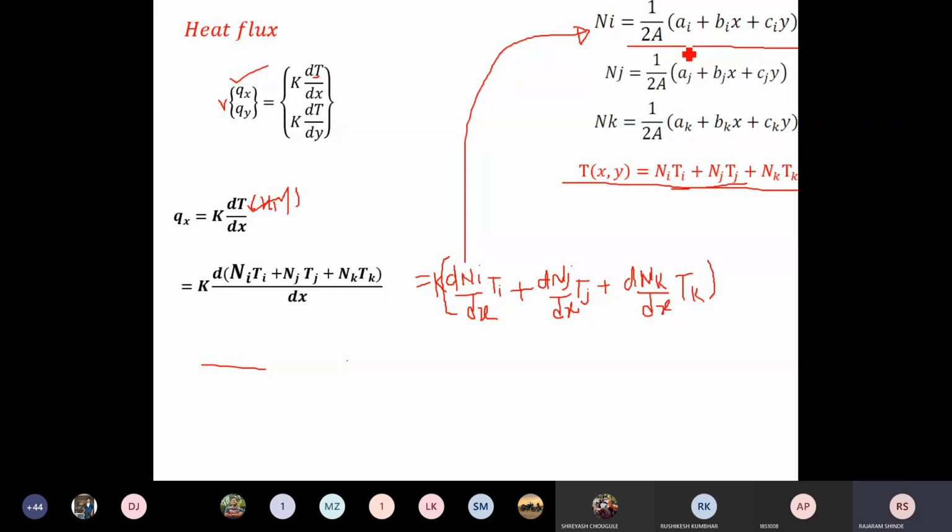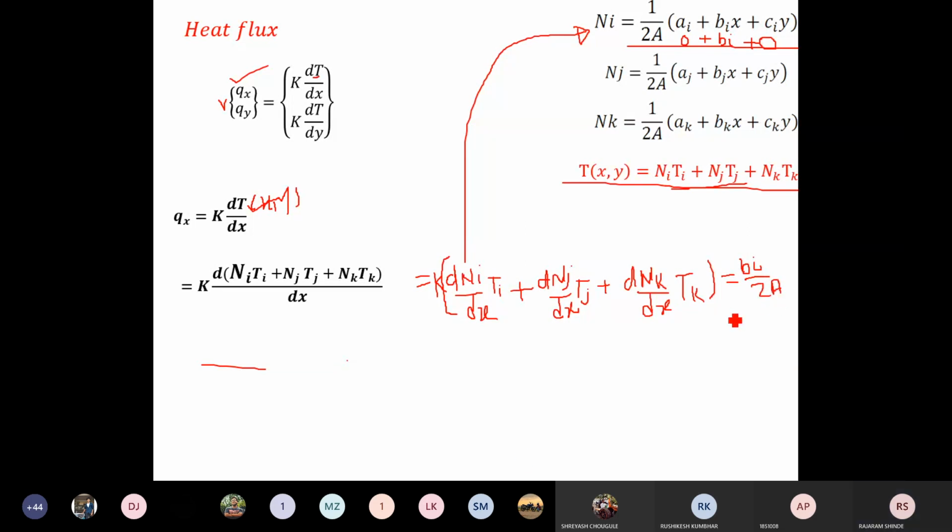Derivative of ai is 0 0 plus plus 1. bi. Am I right? Bi Yes, sir. plus 0 means you will get bi by 2a. This derivative you will get bi by 2a. Bi by 2a. Okay.